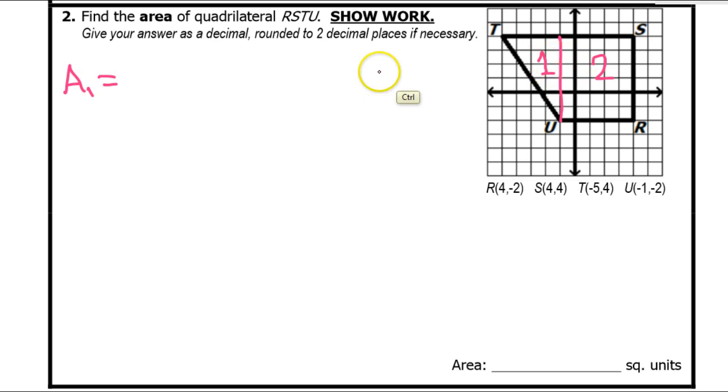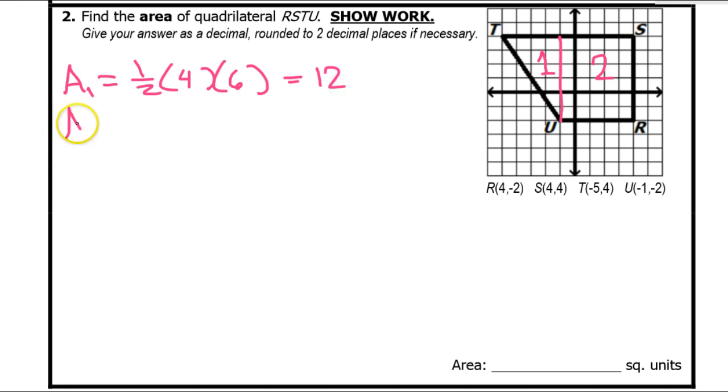Area 1 is a triangle. The area of a triangle is 1/2 base times height. The base is 4, and the height is 6. Half of 4 is 2. 2 times 6 is 12. So area 1 is 12.